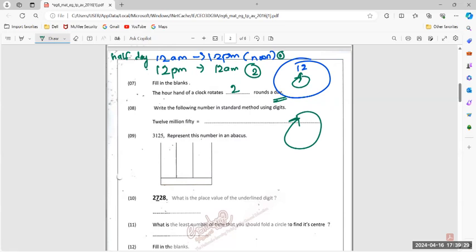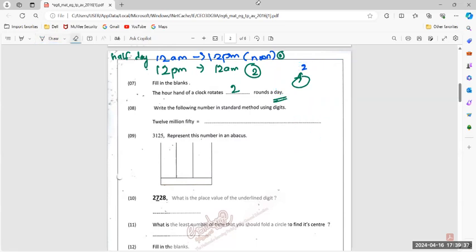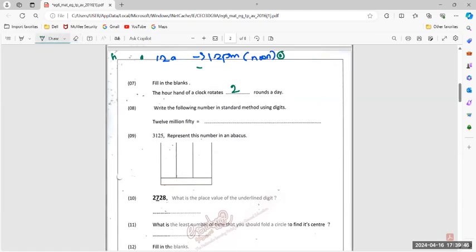Write the following number in standard method using digits: 12,050,000. So we have to first make the periods of the numbers. I will take all these away, just leaving the answer out there. So we have to make the periods first.